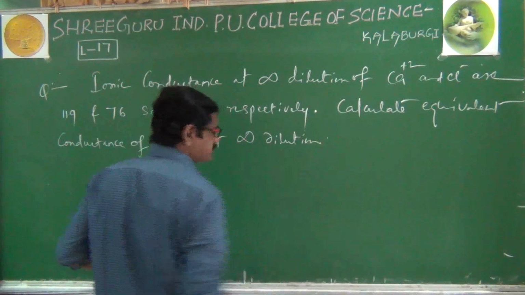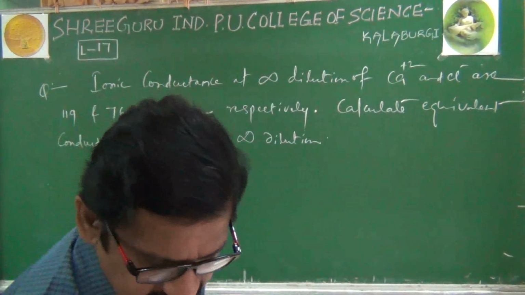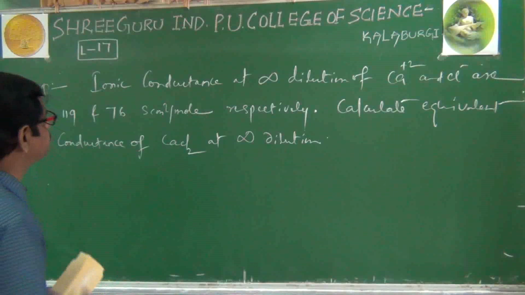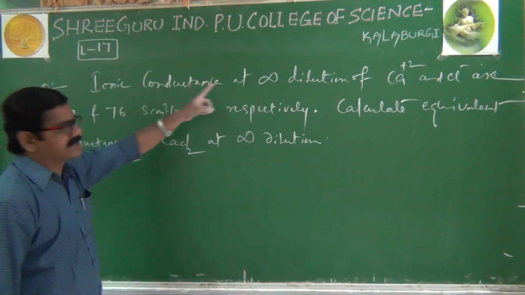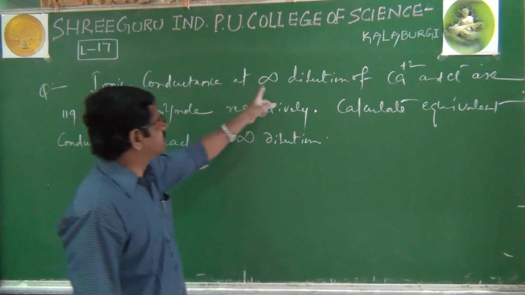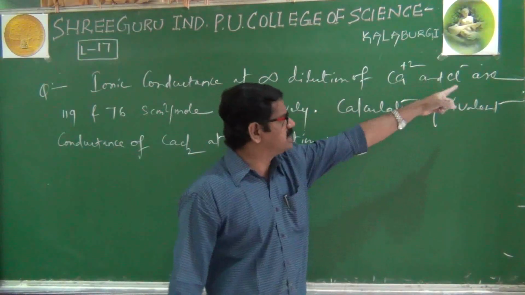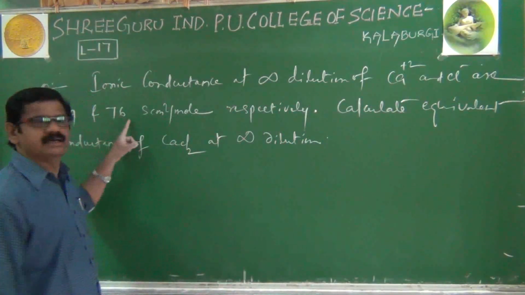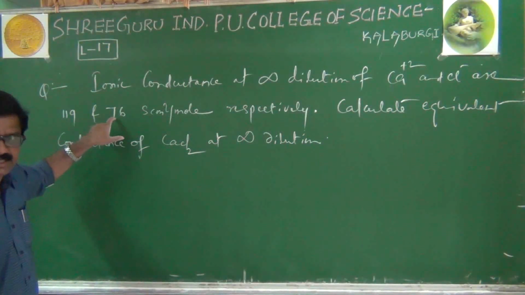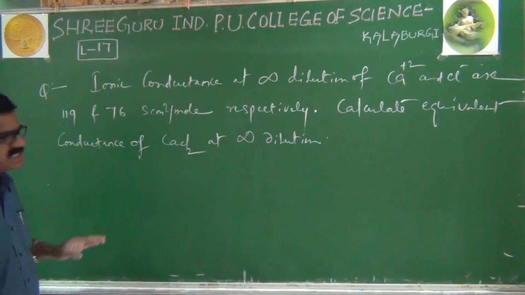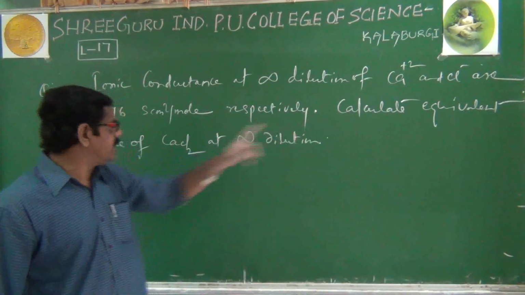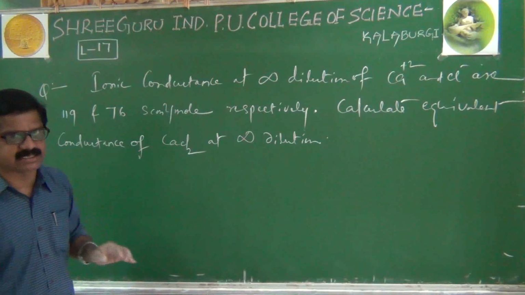This is a question. First, we'll try to understand the question carefully. Ionic conductance at infinite dilution of Ca plus 2 and Cl minus ions are given, 119 as well as 76 Siemens centimeter square per mole respectively, and calculate equivalent conductance of CaCl2 is asked.